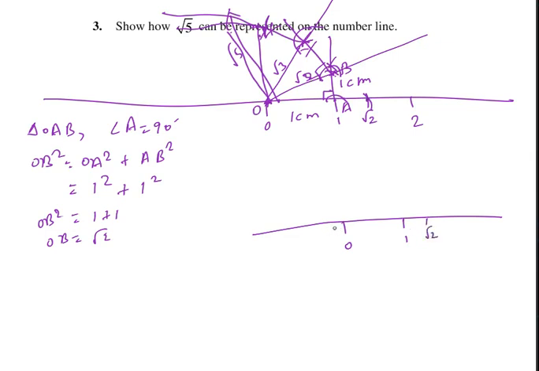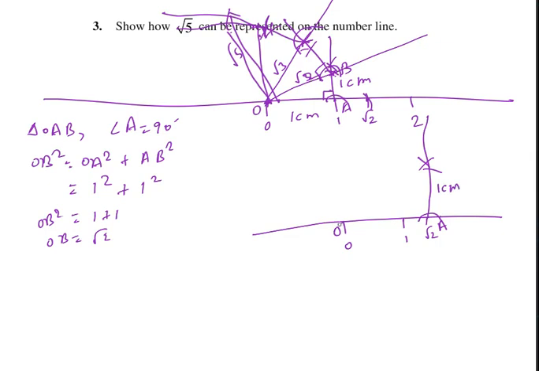Okay, so this we take as O. This root 2 we will consider as A now. At this point root 2 we draw a perpendicular. Over this mark an arc of 1 unit, that means 1 centimeter.